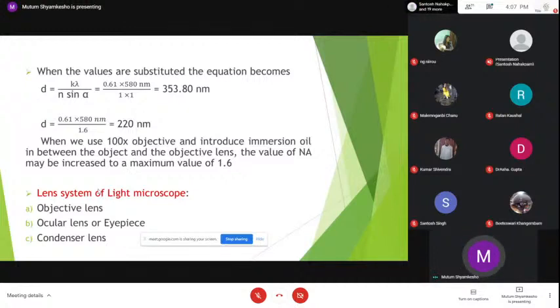If no medium is introduced between the specimen and the objective lens, then the medium will be air, and the refractive index of air is taken approximately as 1, and the maximum value of sine alpha can be +1. Thus this maximum value is taken as 1, and the limit of resolution of a light microscope now becomes 353.80 nanometers.